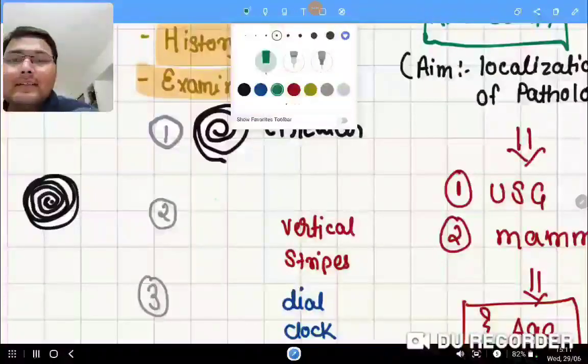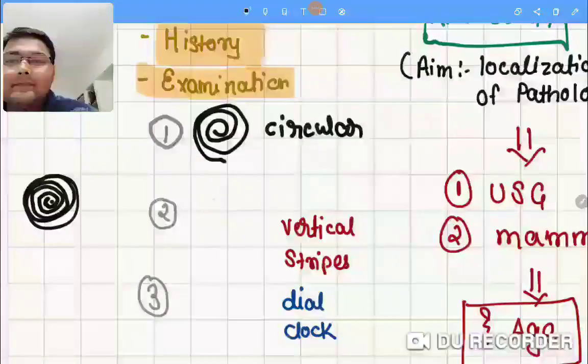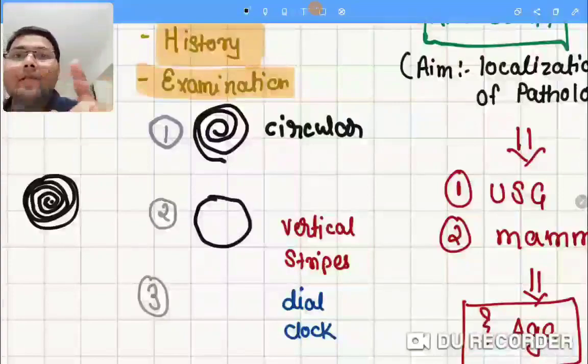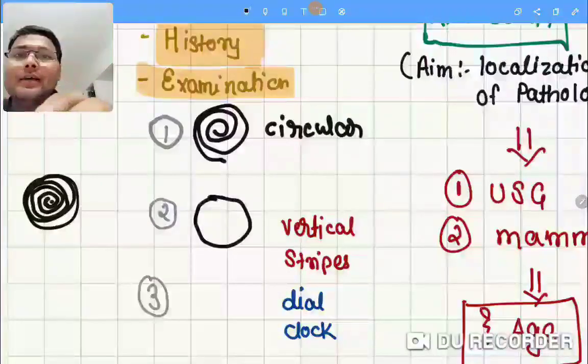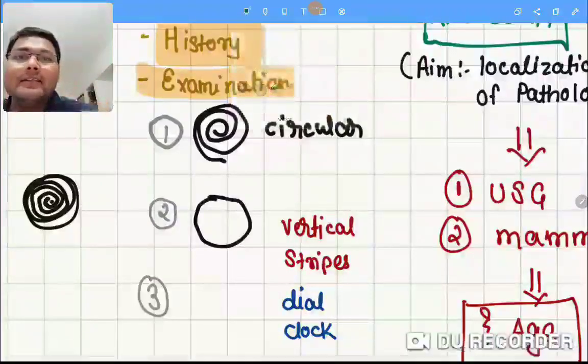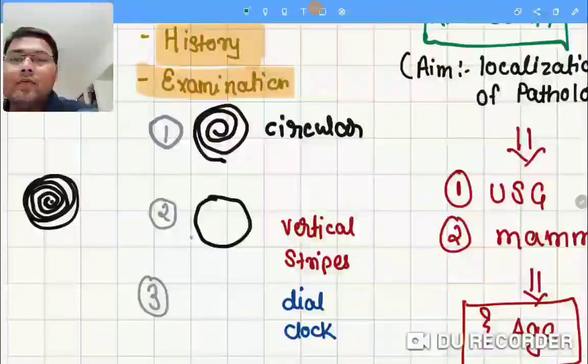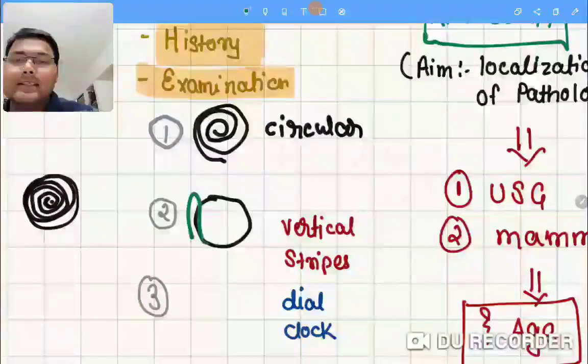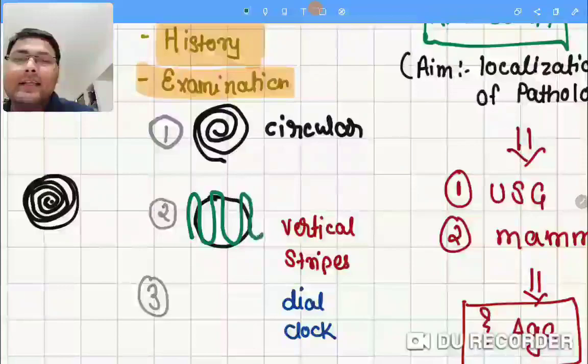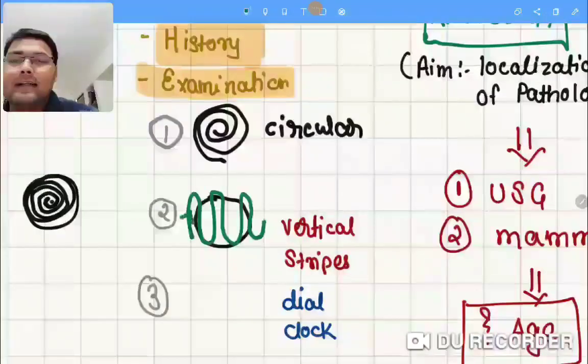The next method is the vertical stripes method. Suppose this is a breast; we'll start from one quadrant and move towards the other quadrant of the breast. Suppose we start from the medial side, then we'll go outwards towards the lateral side.